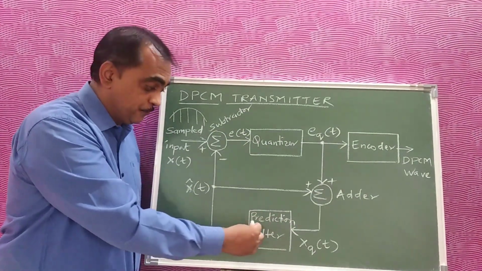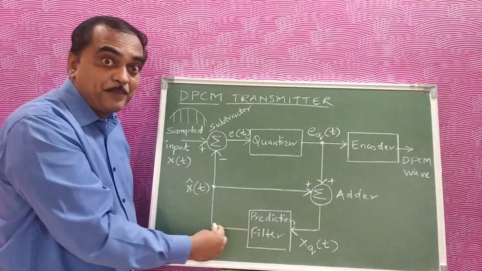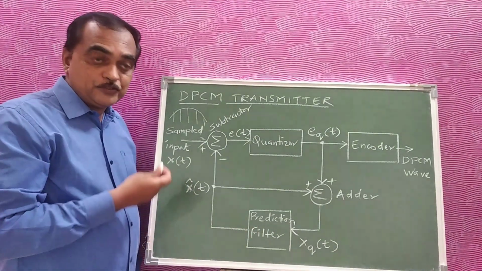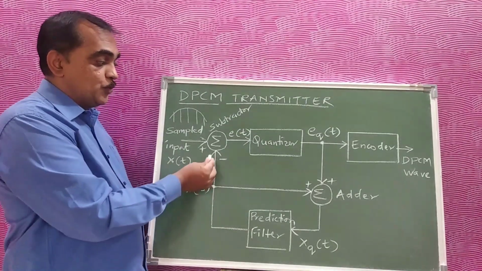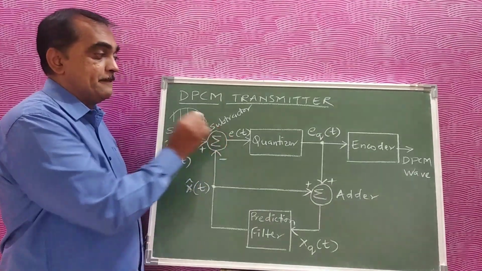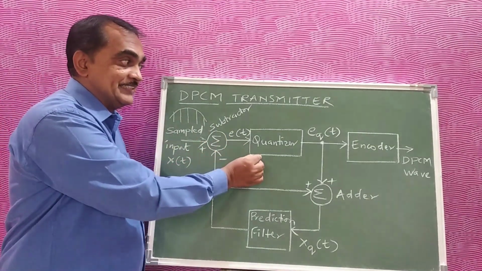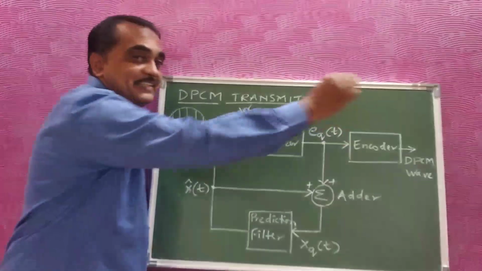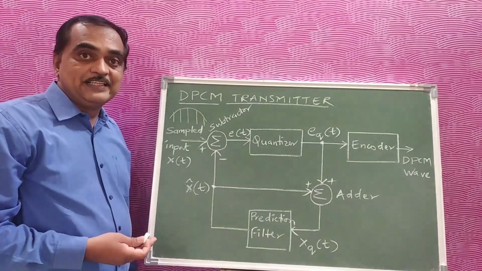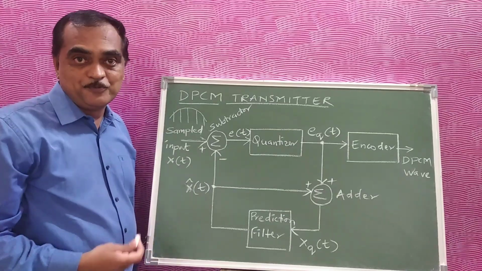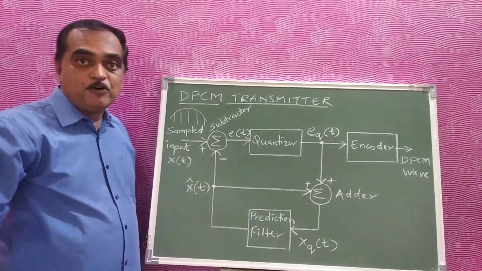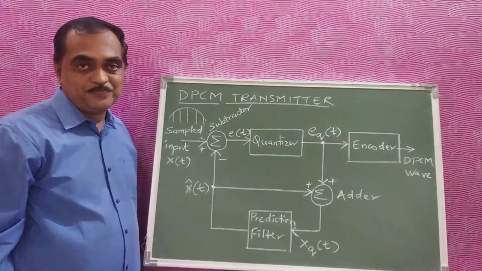The prediction filter gives an output of a predicted value, what should be the value of the sample to come, and that predicted value is compared with the actual input value, and the error between them is quantized, encoded and sent as a DPCM wave. This is what we had seen in the basic concept of DPCM. So this is the explanation for the block diagram of the DPCM transmitter.